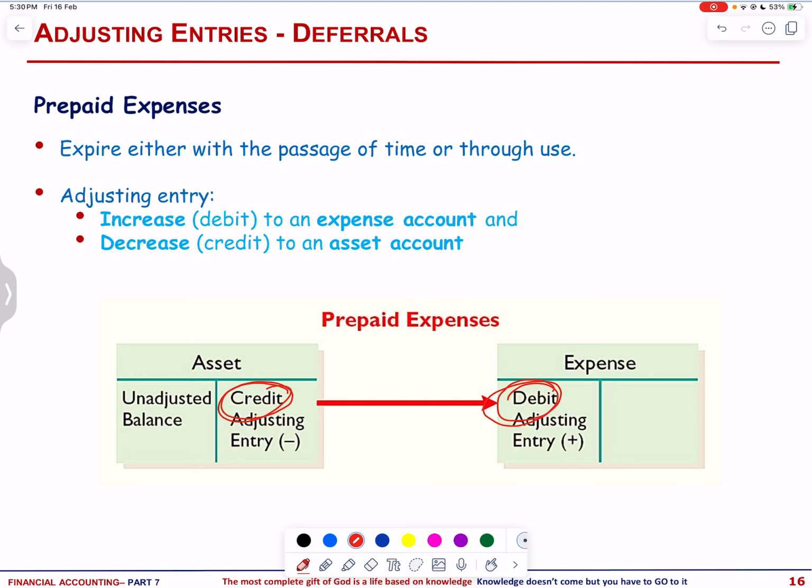So, in the case of prepaid expense, just keep one thing in mind: the assets are overstated and expenses are understated. And to correct them, we have to increase the expense and decrease the asset account.